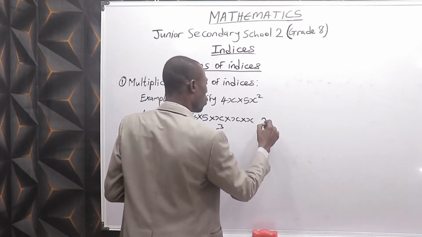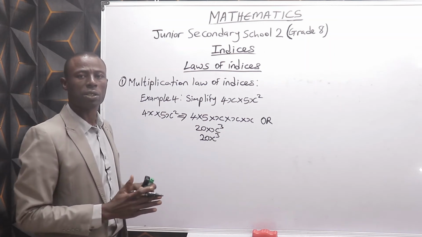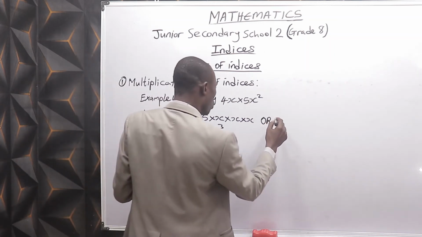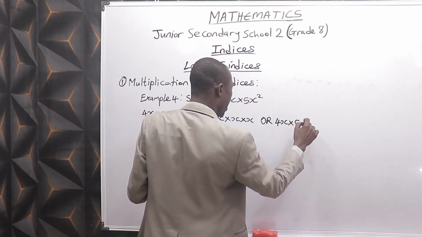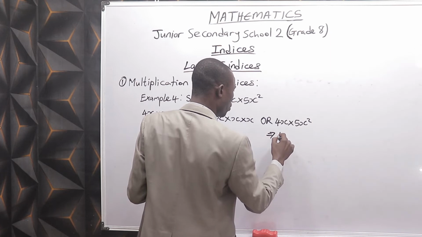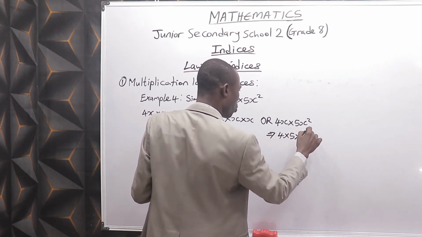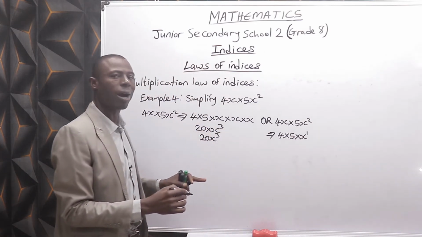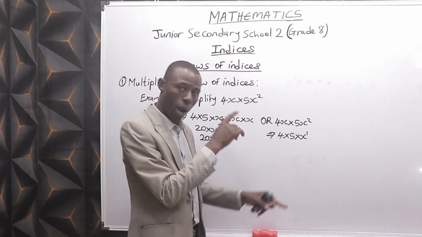But what of when we use the addition of indices method? We have 4x times 5x squared equal to 4 times 5 times x raised to power 1. At this juncture, you have to indicate that the power of x here is 1.